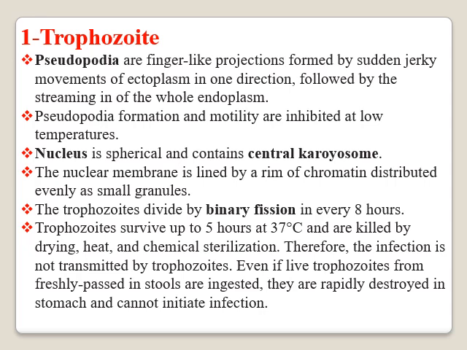Even if live trophozoites from freshly passed stool are ingested, they are rapidly destroyed in the stomach and cannot initiate infection. هاي ملاحظة مهمة إنه حتى لو ابتلع التروفوزويت وهو alive لا يمكن أن يسبب إصابة بسبب الأحماض والإنزيمز الموجودة بالستومك وهو very sensitive to these chemical components.